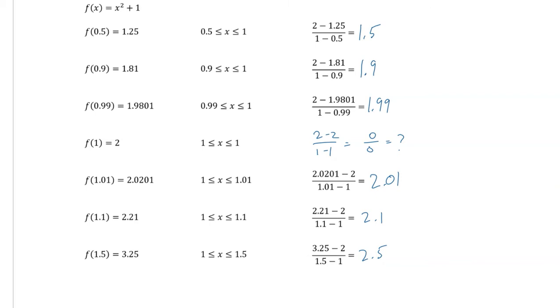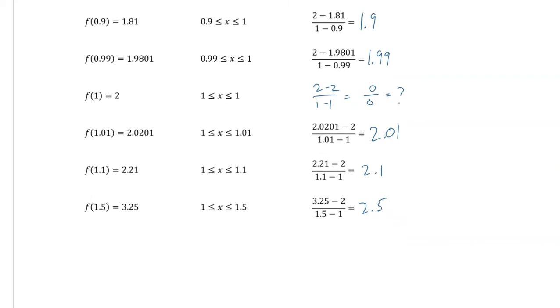This is a parabola, so the numbers work out really nicely. For other ones it's not as easy, but this one's got a nice whole number slope of 2, so it's easy to see. You can really see from both sides, that's pretty convincing. From both directions, it's clearly approaching 2.